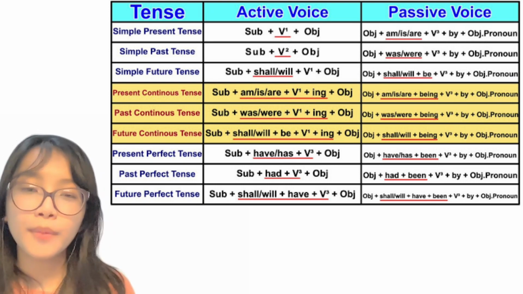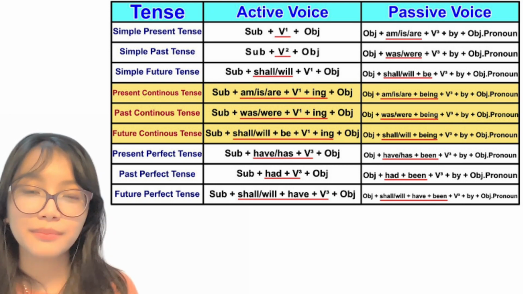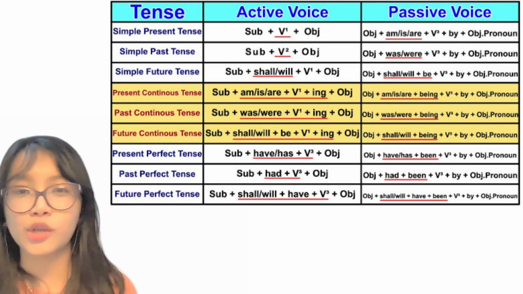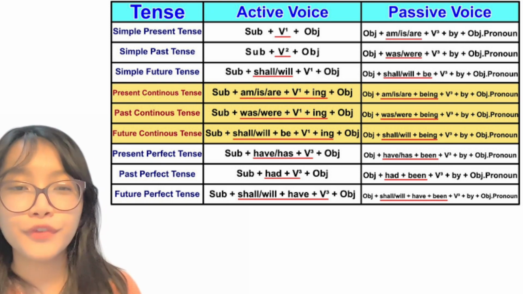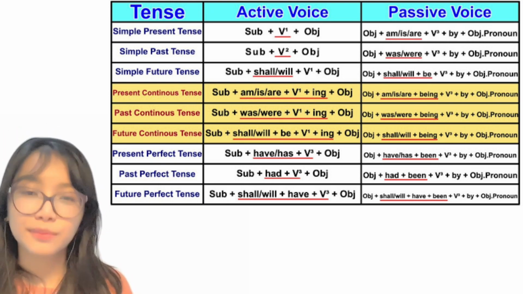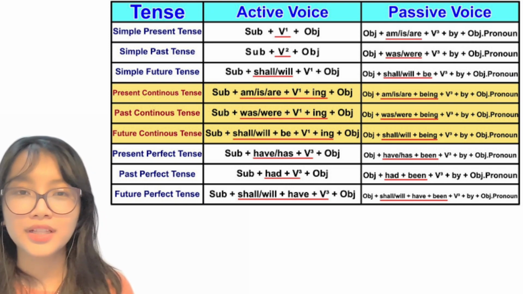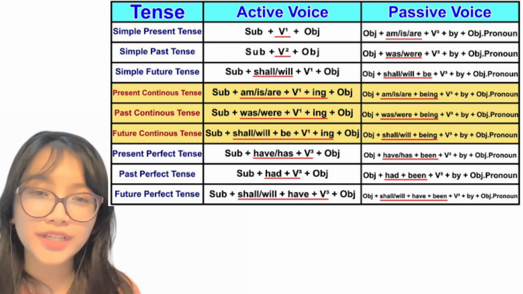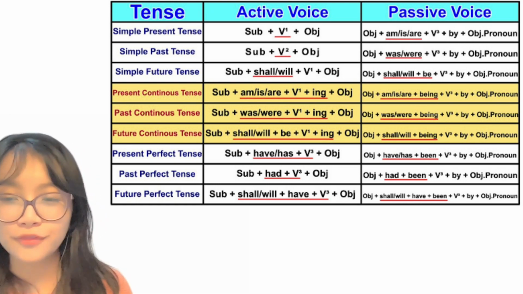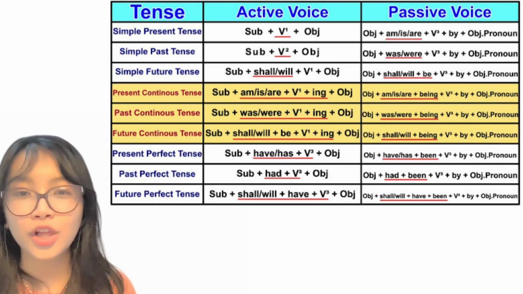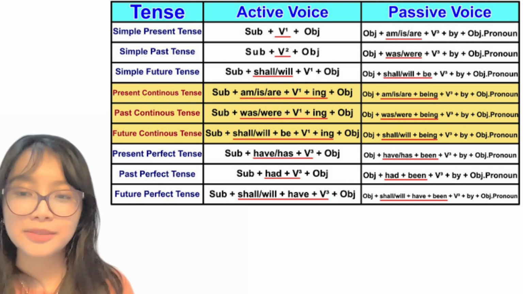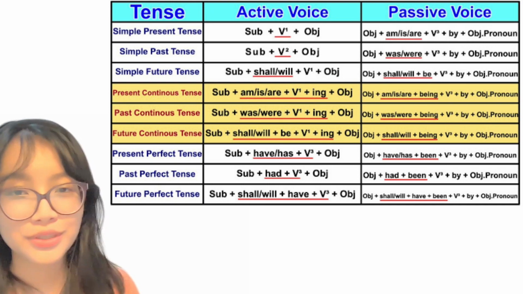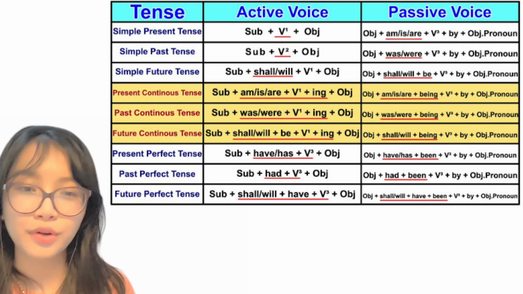Passive voice: object plus had plus been plus verb 3 plus by plus object pronoun. Future perfect tense. Subject plus shall or will plus have plus verb 3 plus object. Passive voice: object plus shall or will plus have plus been plus verb 3 plus by plus object pronoun.